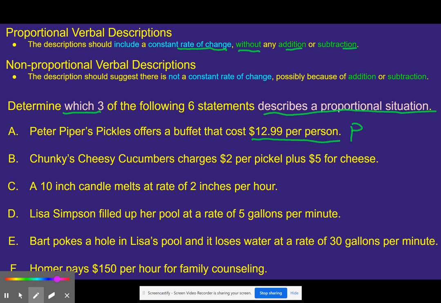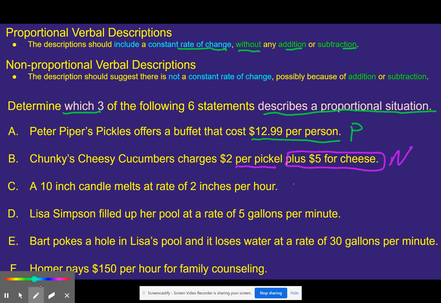Looking at the next one, Chunky's Cheesy Cucumbers charges $2 per pickle plus $5 for cheese. So we have a rate of change, but it's not constant because it starts off with a plus $5 for cheese. So this is non-proportional. All right, next, a 10-inch candle melts at a rate of 2 inches per hour.